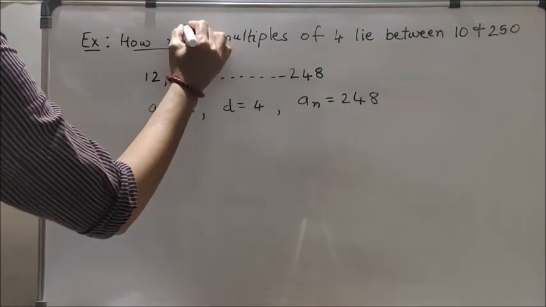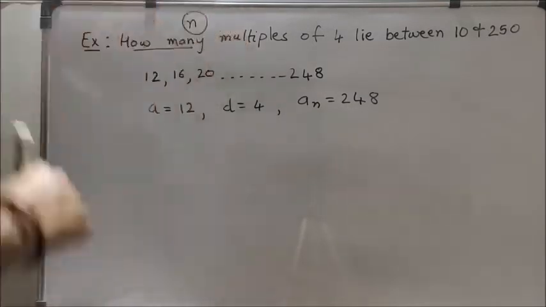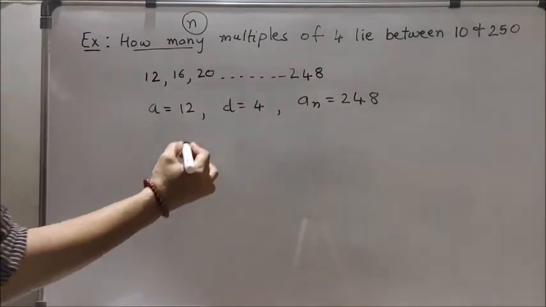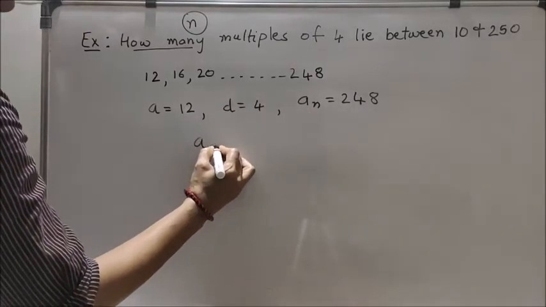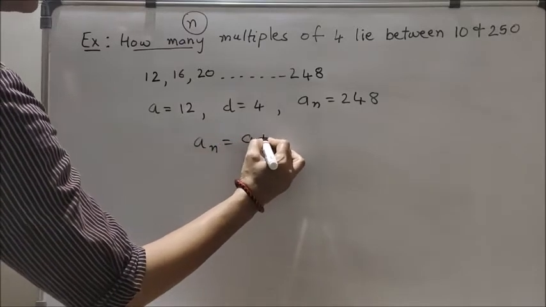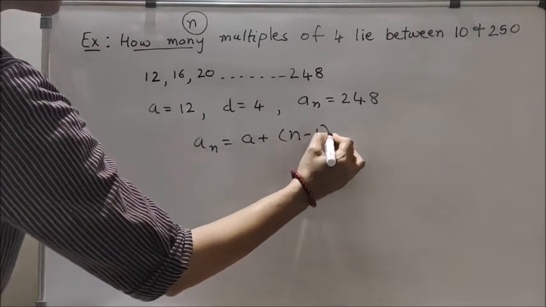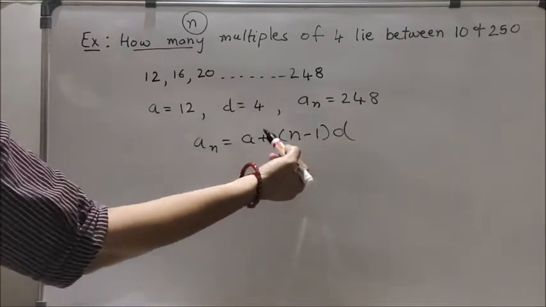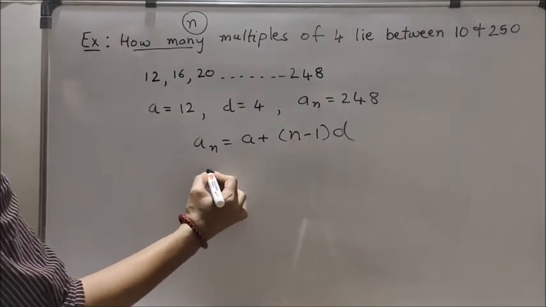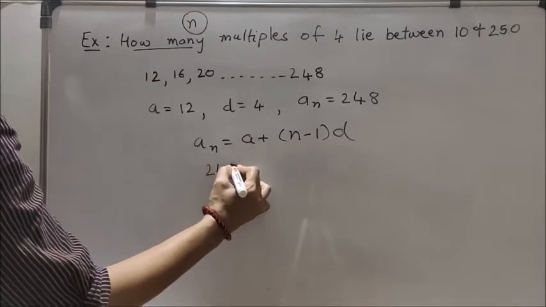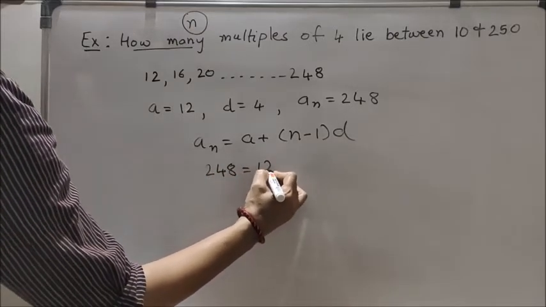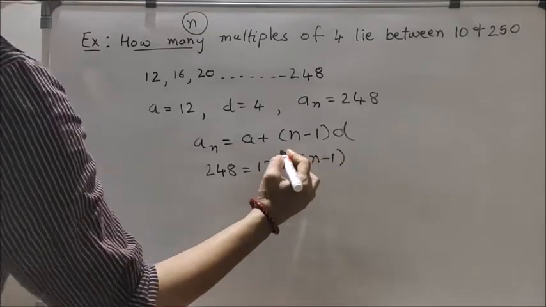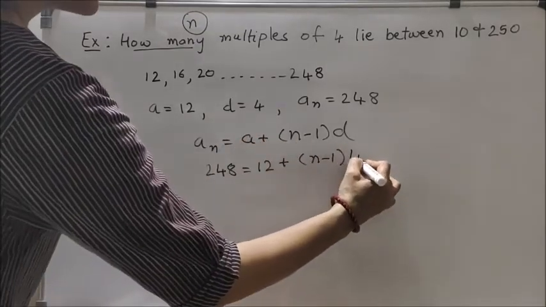That means you have to find the value of N. So we know the formula for AN is equal to A plus N minus 1 into D. So we know all the 3 values, AN, A and D. Let's put the values. So 248 is equal to 12 plus N minus 1 into 4.